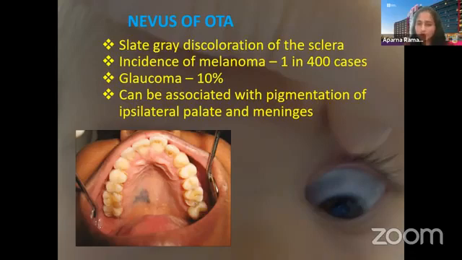Routine MRI is usually not advised, but if a child has some neurological symptoms, then you can get an MRI, because very, very rarely you can have a melanoma that arises in the meninges, and again on the ipsilateral side.